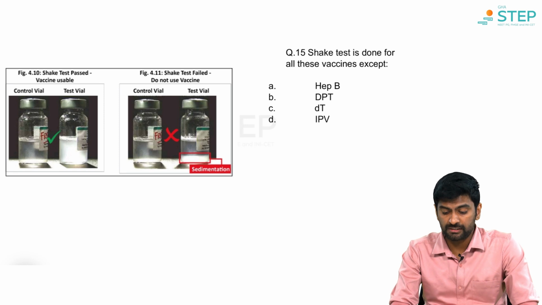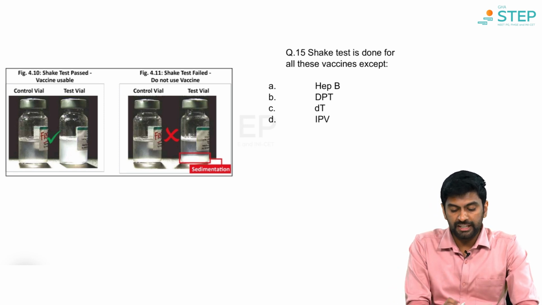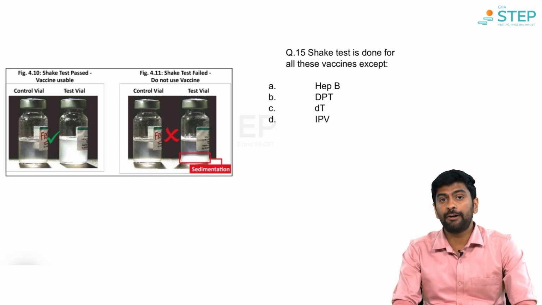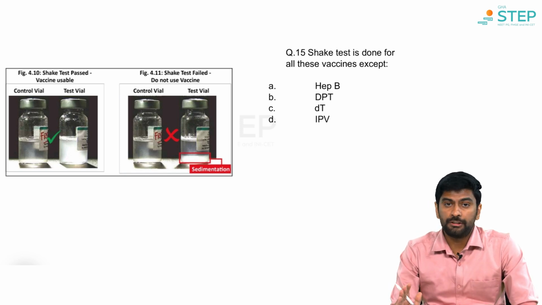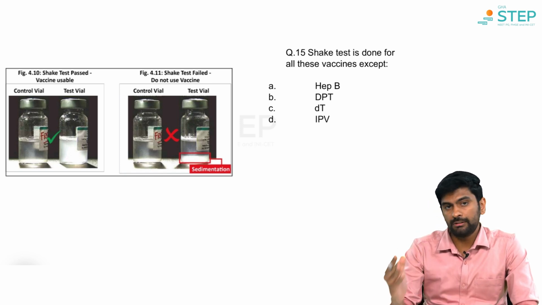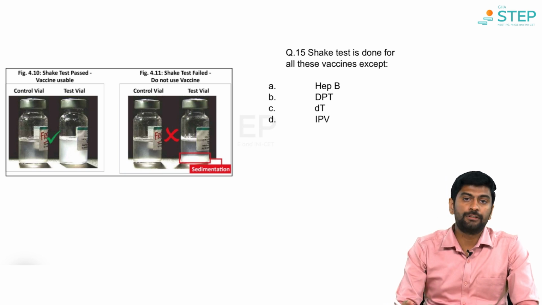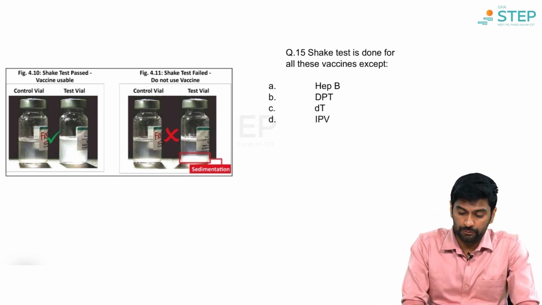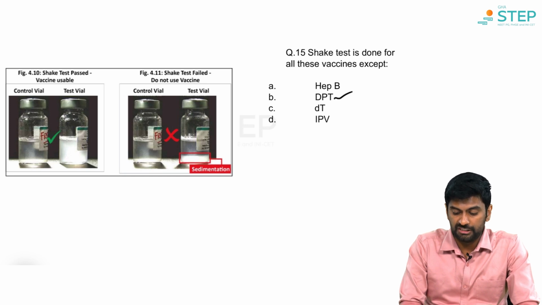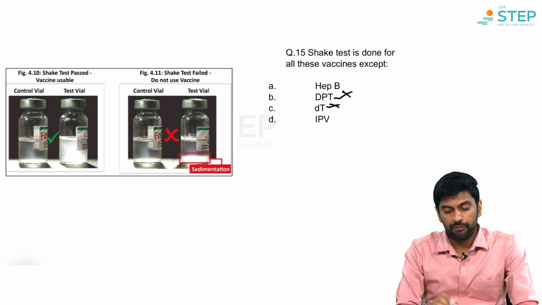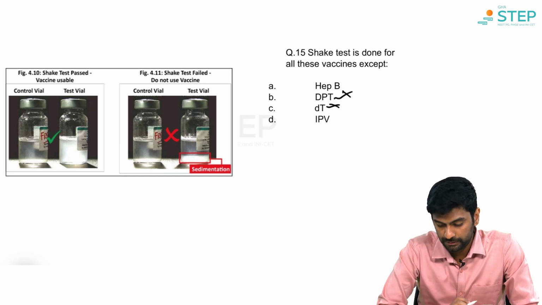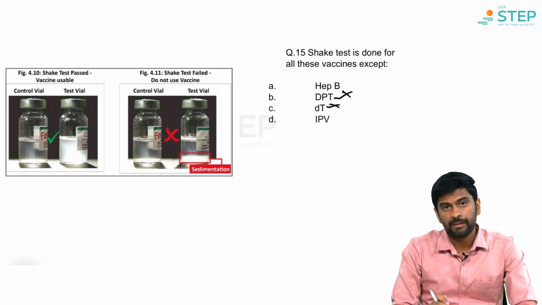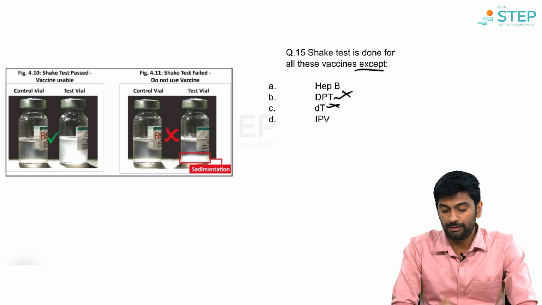Next, shake test is done for all these vaccines except. The shake test is specifically done to see which are very cold sensitive. If they form crystals, it's no good to use, and the basic logic is that any of the T series especially, so we have the T series here which is DPT and DT, are tested.